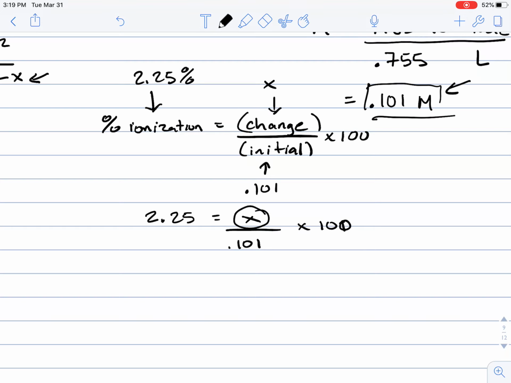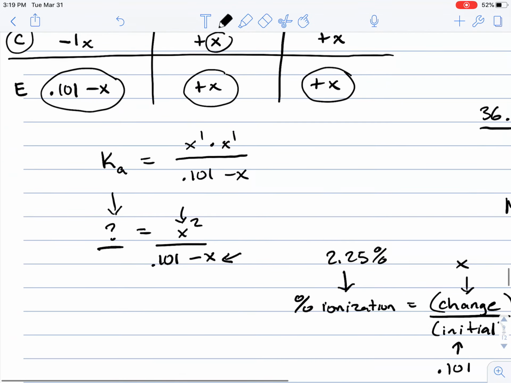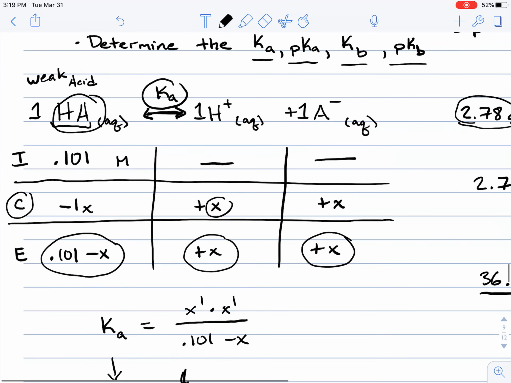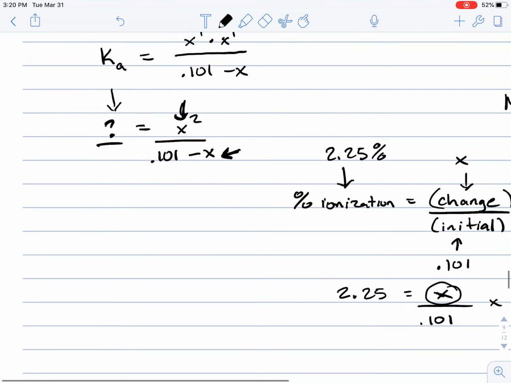If we solve for x, or for the change, then we know the value of x in this mass action expression. We can determine the Ka, and we can also determine the value for x, which will represent the equilibrium concentration of hydrogen ion.